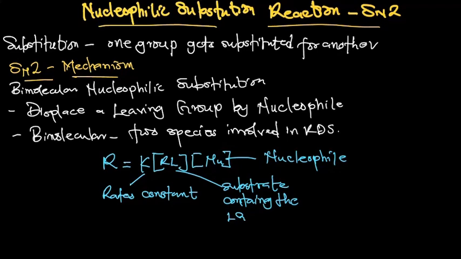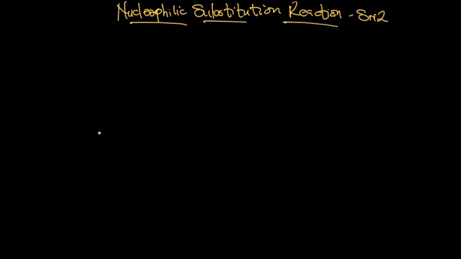All right. Now I want us to look at what exactly happens when we have SN2 mechanism taking place. If we take something like 2-bromobutane, we are going to have the carbon 2 bonded to the hydrogen, and then we have the ethyl group here, and then the methyl group.